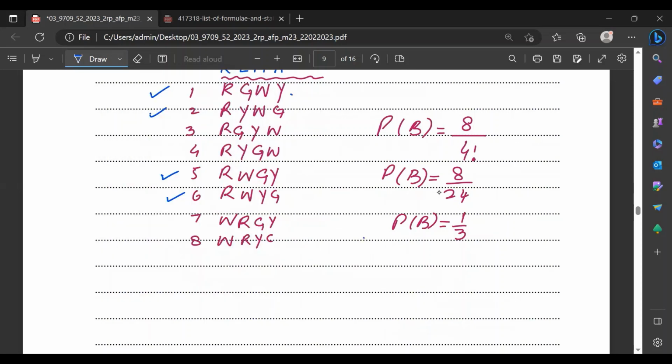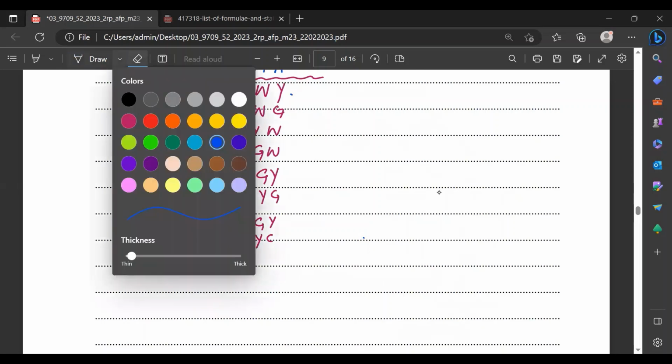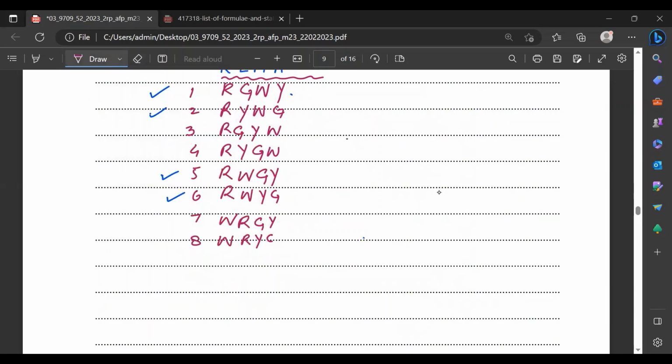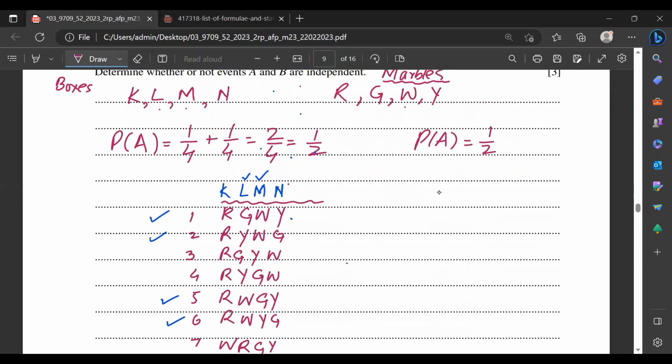From here it was 8 divided by 4 factorial, 8 divided by 24, so 1 over 3.